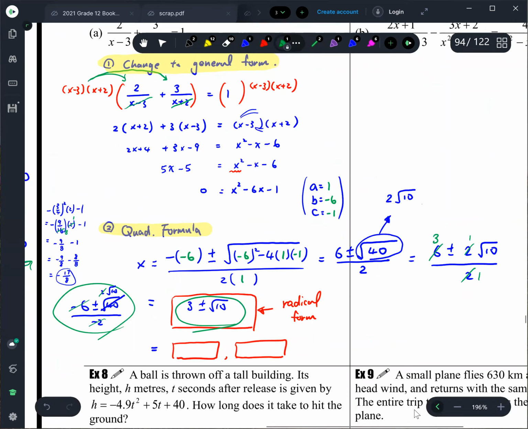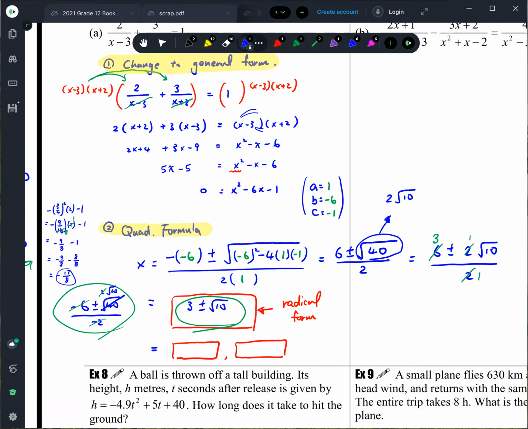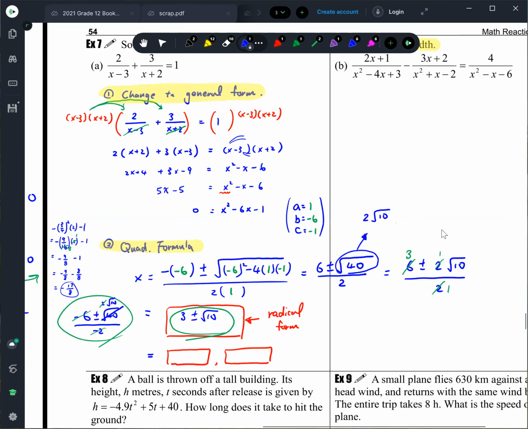Okay, now let's turn that into decimals. If you type it in, one is using the plus, the other one is using the minus. We'll round it to the 100th. If you got the decimal answer, you can raise your hand or check that as well. So one answer is using 3 plus, the other one is 3 minus.